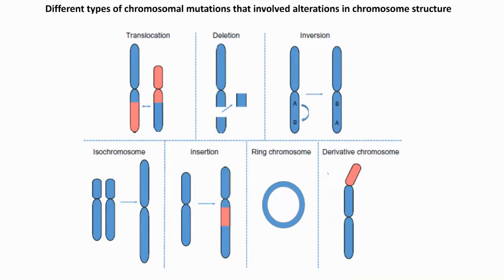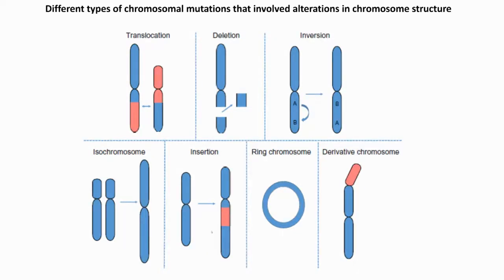And then a different type of chromosomal mutation. All right, so basically these involve alteration of chromosome structure. So like this translocation, right? Translocation, the whole piece being translocated to a different region. Deletion, remove one piece of the chromosome, right? Inversion, you invert a region of the chromosome, like here AB, and then inverted to BA. Isochromosome, basically one arm from each chromosome and then linked together.